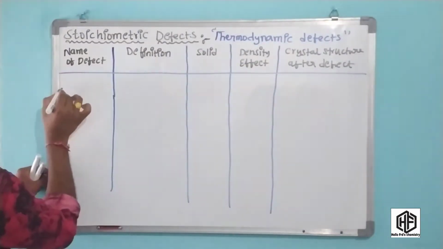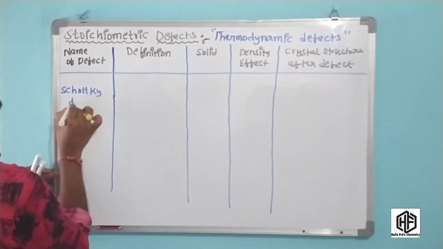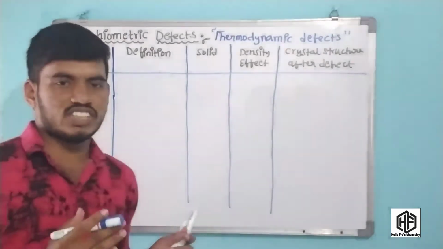First defect is the Schottky defect. What is the definition of the Schottky defect?